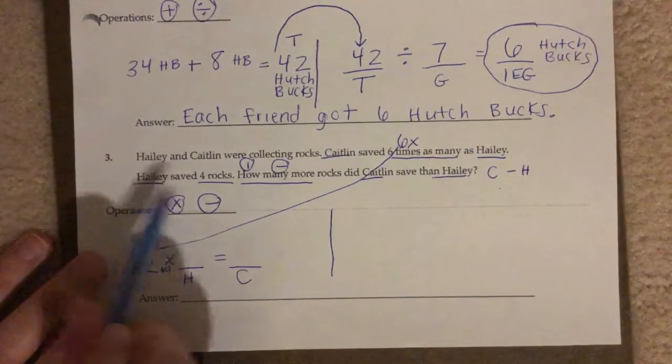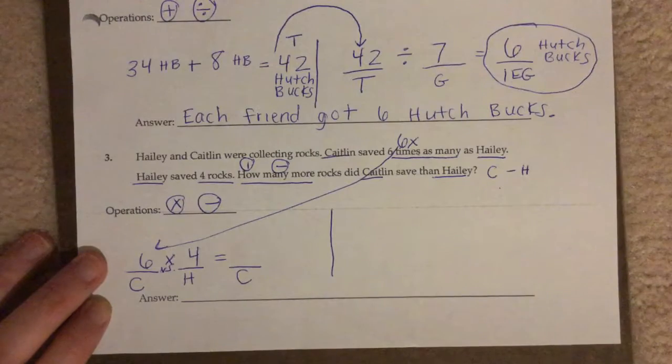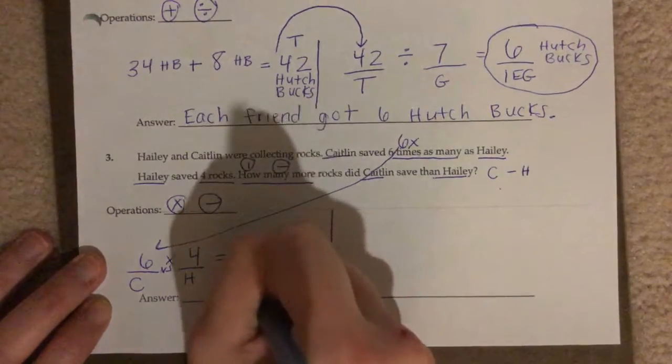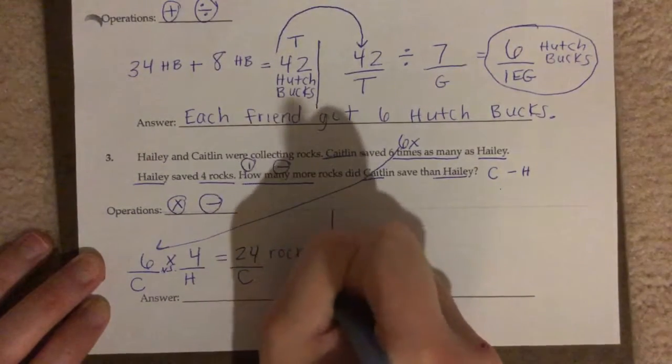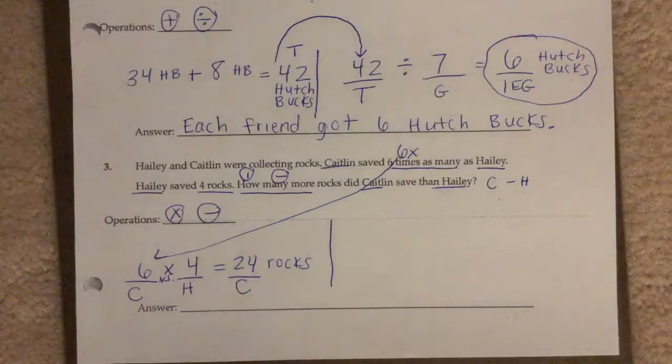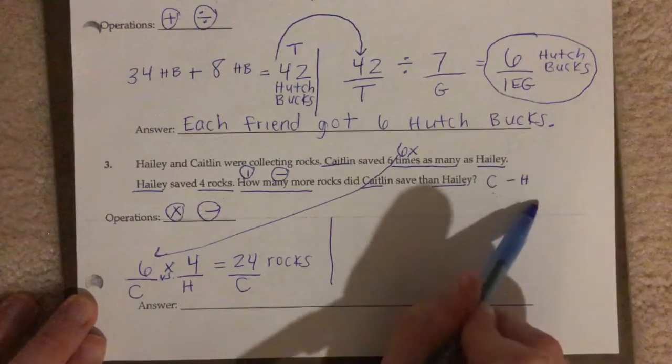I check my problem. Haley has 4 rocks, so I'll put in a 4 here. I know 6 times 4 equals 24, and I get 24. 24 what? 24 rocks.